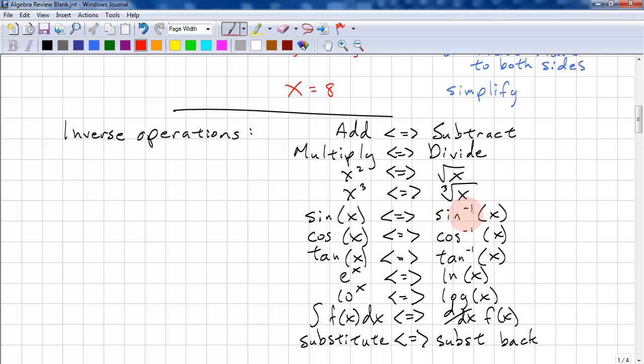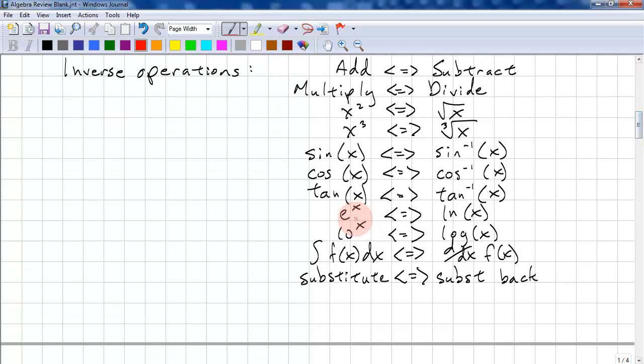Here we have a power of negative 1. It's just a symbol. It doesn't actually mean to the power of negative 1. This means inverse sine. So the inverse of sine is inverse sine. And we have the similar thing for cosine and tangent.